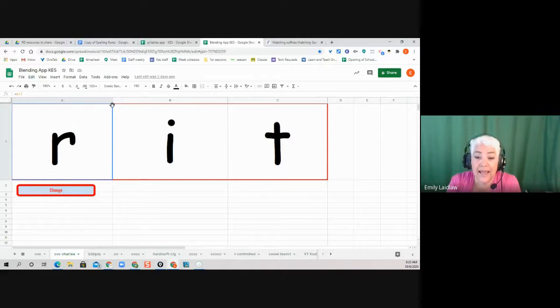So, most of the syllables we meet in multisyllabic words, that syllable by itself is a nonsense word. If the student can't put together those sounds in that syllable, they're not going to read the whole word. So we have to be able to put together sounds, even if that syllable doesn't necessarily make sense.